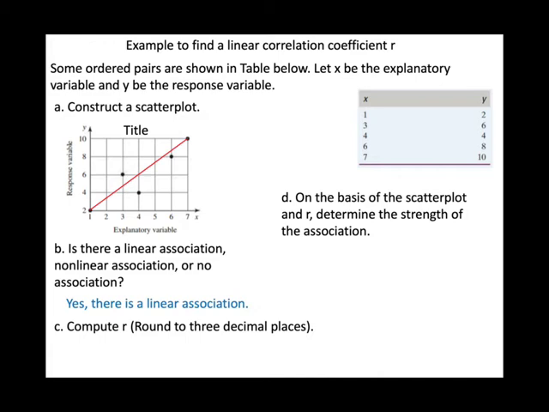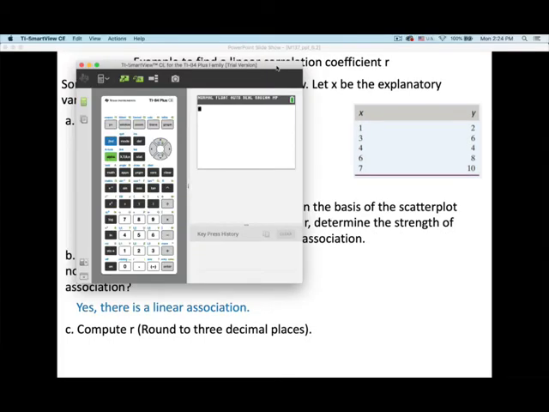Here we need to use your calculator. This is similar to your TI-83 or TI-84 Plus. First, we need to input the data. We're going to click on the stat button on your calculator. You're going to see that there's a number 1 Edit. So click on number 1.